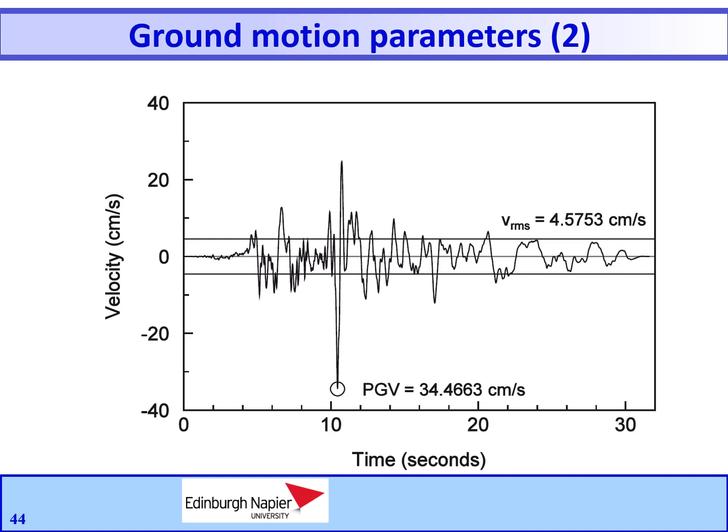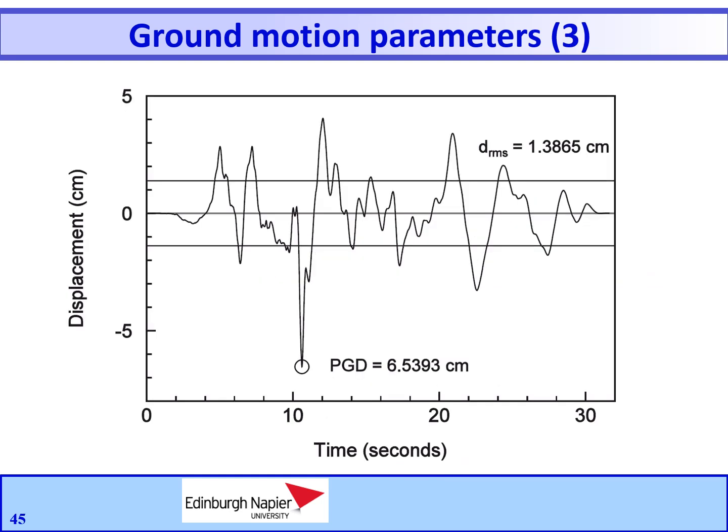As we just said, a strong ground motion can not only be expressed in terms of an accelerogram through the peak ground acceleration and other characteristics of the time history recorded by the accelerogram, but also through velocity histories that are similarly characterized by the peak ground velocity and the root mean square velocity.